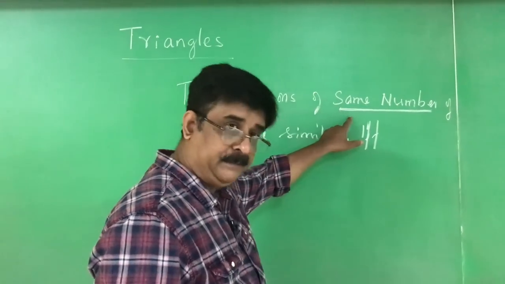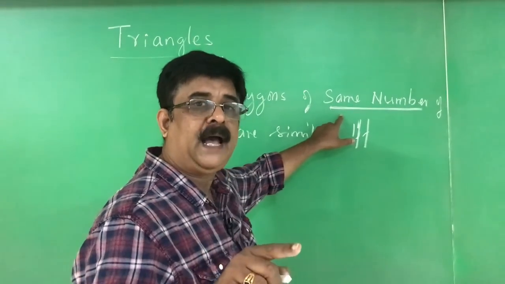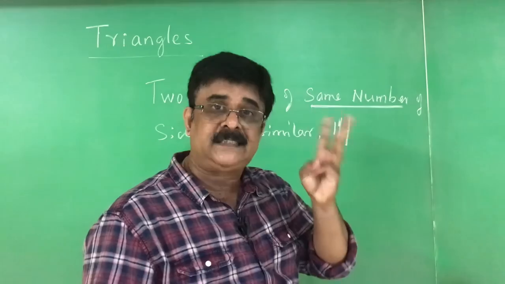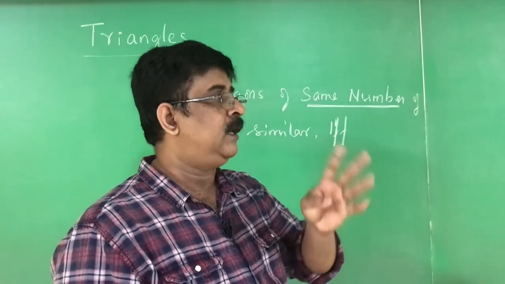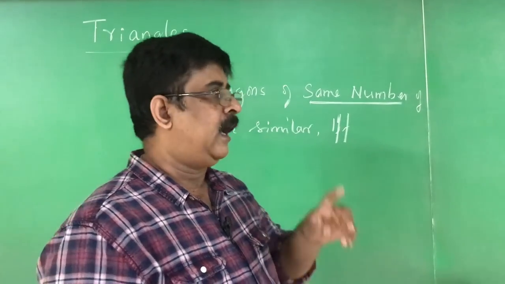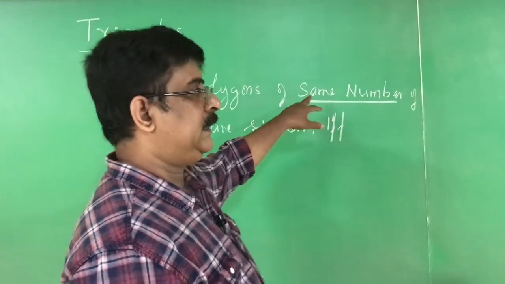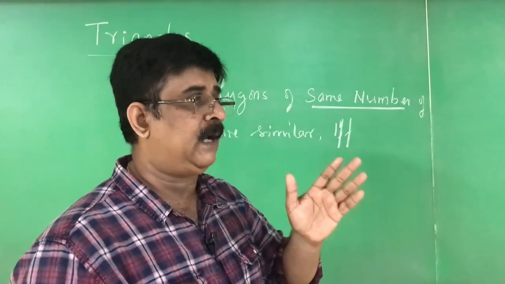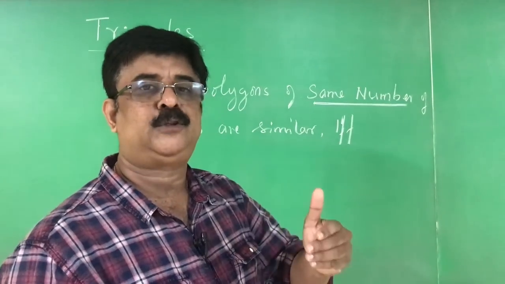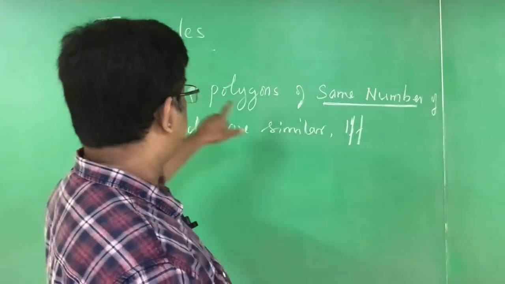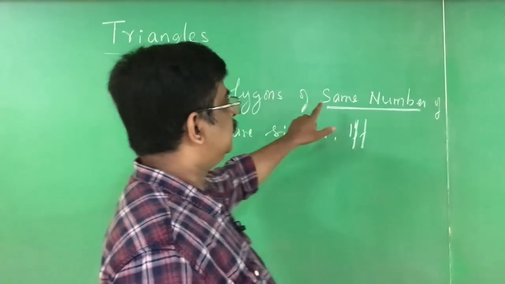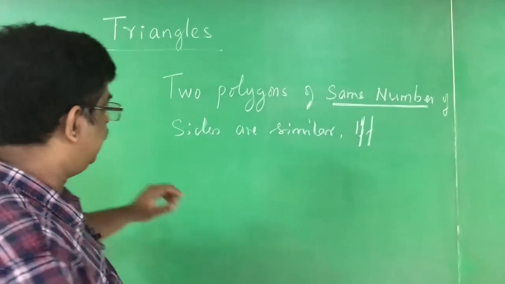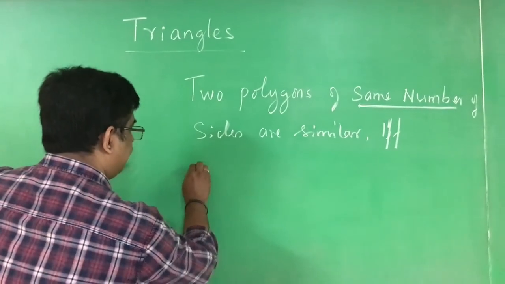Same number of sides means I should not compare a triangle with a square, because a triangle is a three-sided figure, whereas a square is a four-sided figure. I should not compare a triangle with a pentagon. A pentagon should be compared with a pentagon. A triangle should be compared with triangles only. Therefore, two polygons of the same number of sides are similar if and only if two conditions are given.